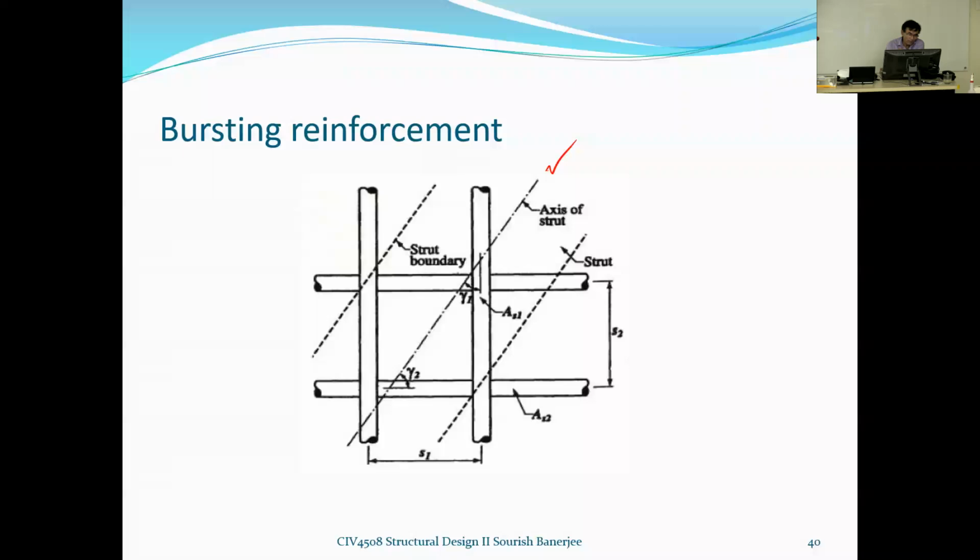Instead of providing along the strut or any other direction, the general practice is to provide in two orthogonal directions. But yes, of course, one can provide in one direction and it can cater for that, that's possible. But usually that is the standard practice. And you can see these two, the AS1 makes an angle of gamma 1 with the axis of the strut, and the AS2 makes an angle gamma 2 with the axis of the strut.